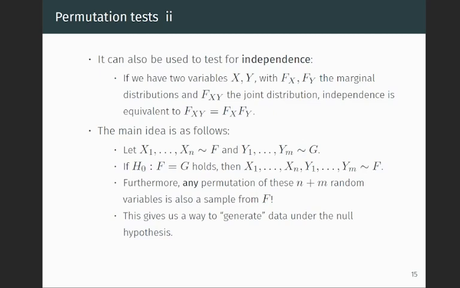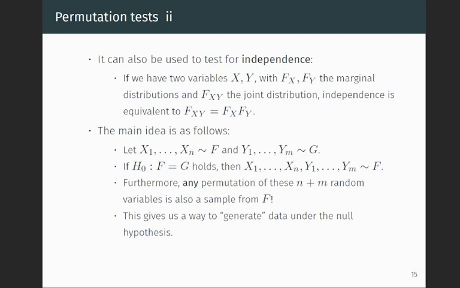Okay, so what's the main idea of permutation tests? It goes as follows. Let's assume we have a sample x1 to xn from a distribution f, and y1 to ym coming from a distribution g. If the null hypothesis holds that f and g are equal, then all of those observations are actually coming from the same distribution, let's say f.